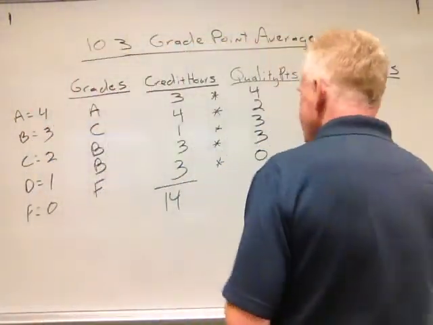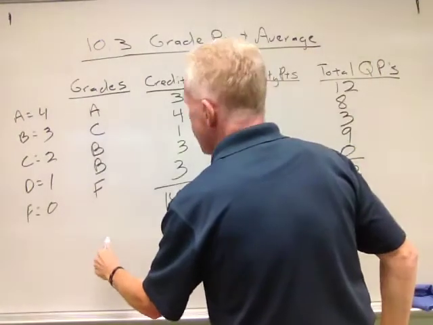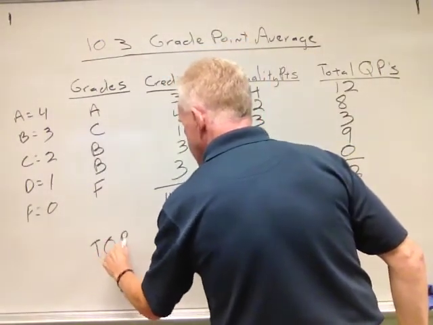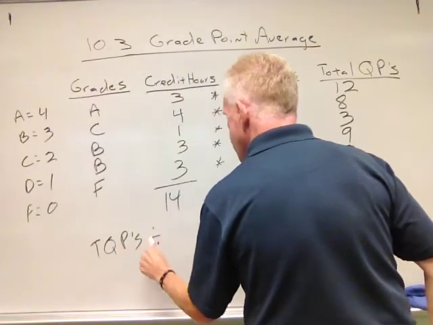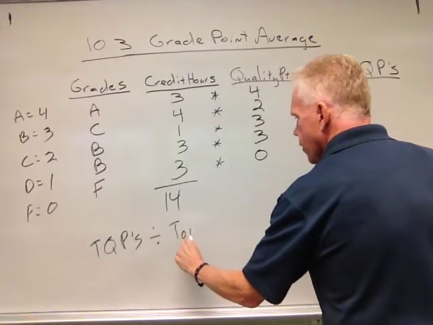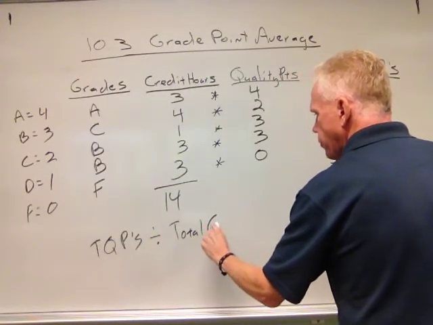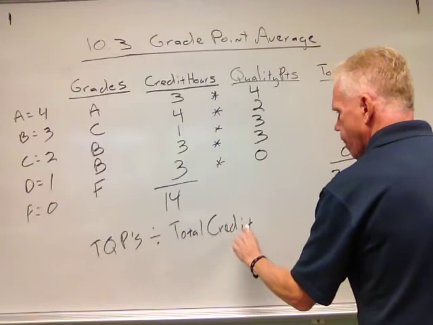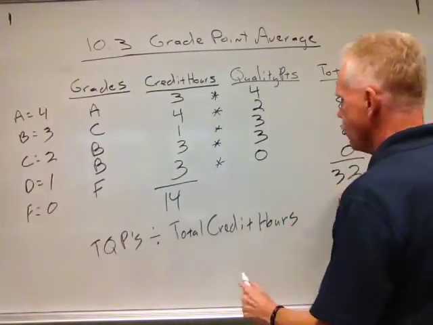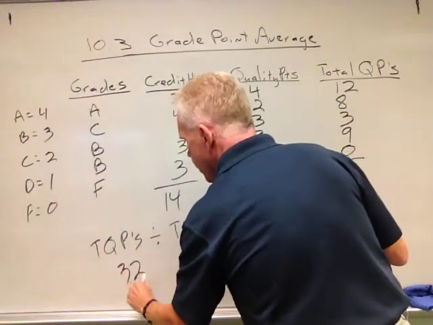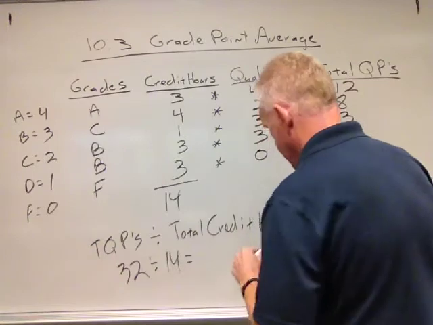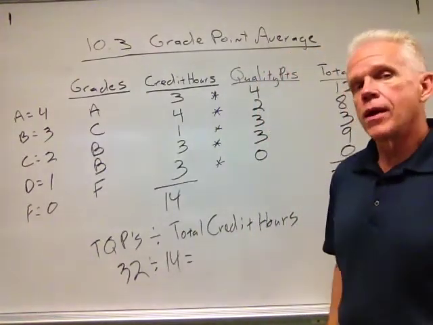Now, our last step is to take our total quality points, TQPs, divided by our total credit hours. So our total quality points were 32. We're going to take that and divide it by 14. Now, in some of these problems, you may round to the 10th.